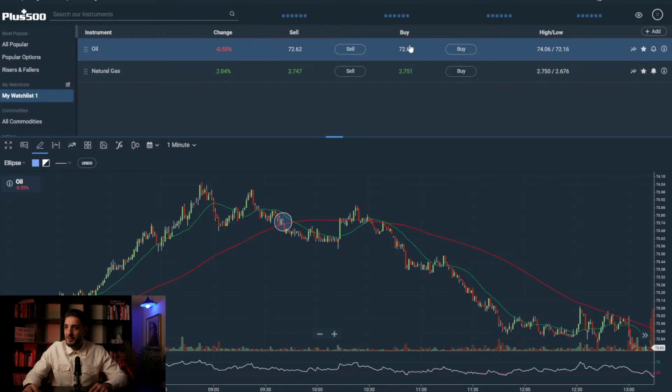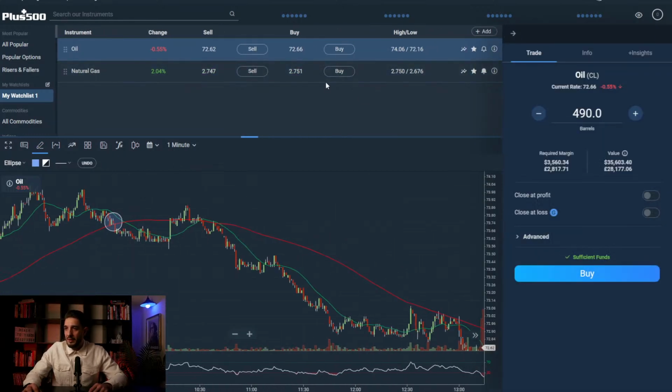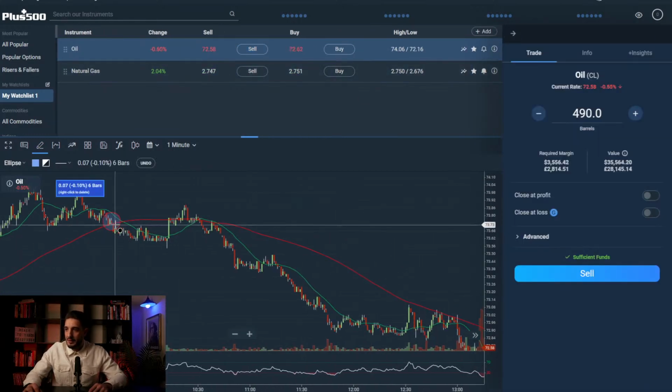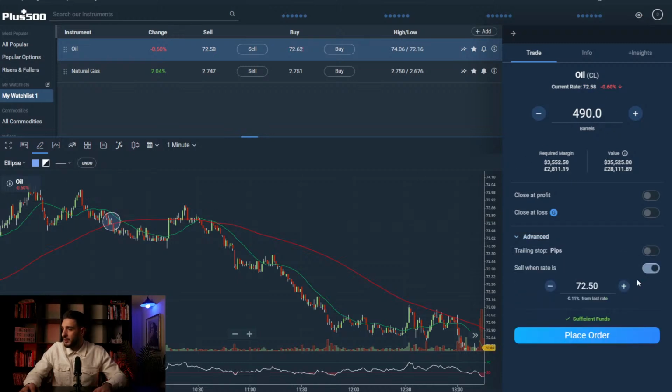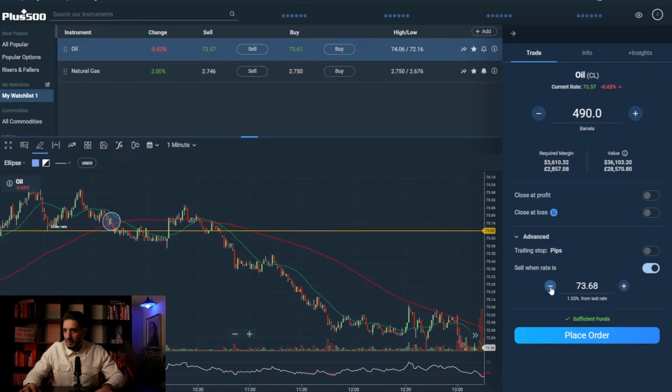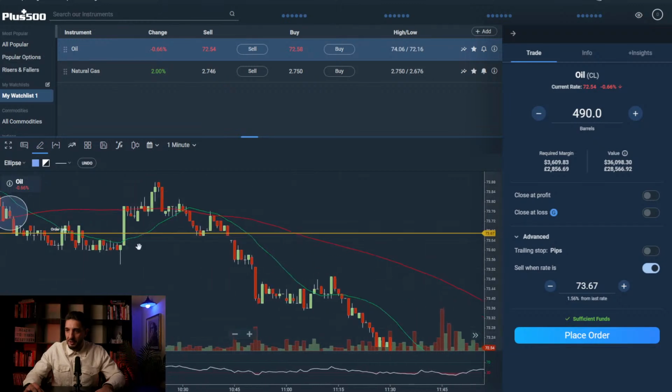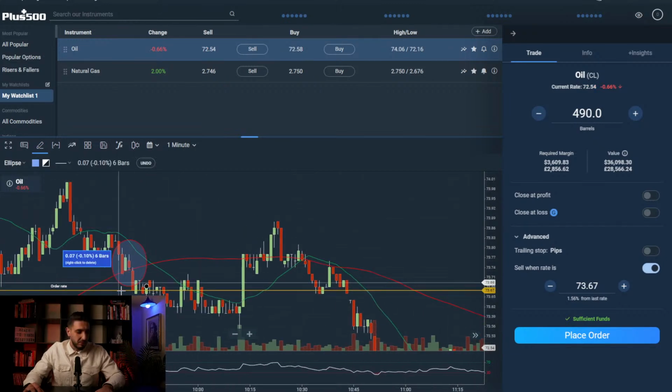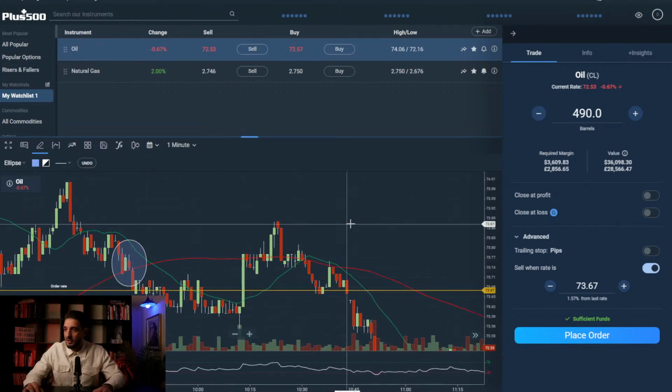Now because of what I did, if I am to sell at 73.73, let's go there, right here where I opened my trade was, to be precise, 73.67 after my confirmation right here, the first candle below the MA confirmation.